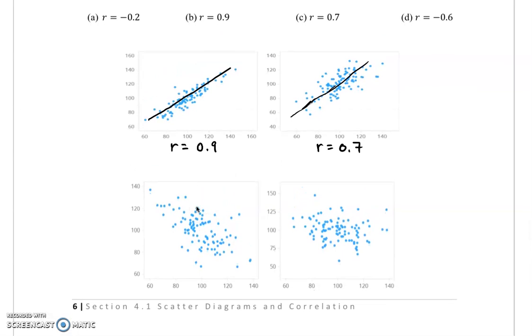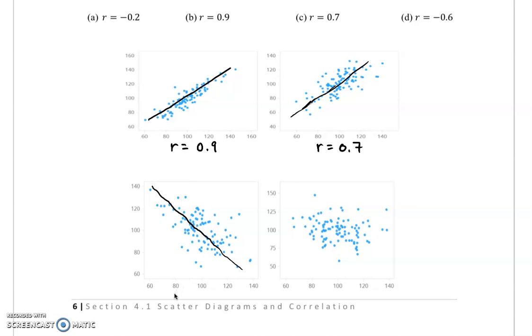If we look at the bottom left, this one's clearly negatively associated. As the horizontal values get larger, the vertical values get smaller. And if we were to try to draw a line approximately through there, yes, I realize that's not a straight line, pretend it is. You see the points are fairly widely spread away from that line.